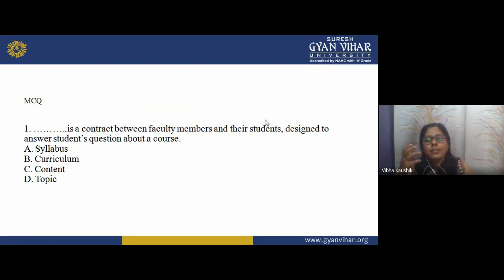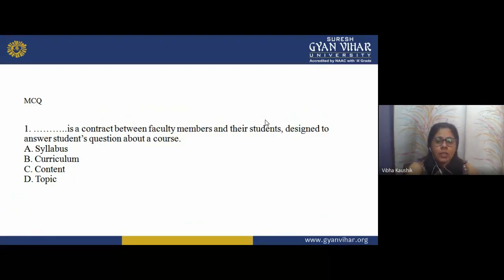What is that which works as a contract between faculty members and their students? It is designed in such a way that all the answers to the questions of the student can be solved after that course.